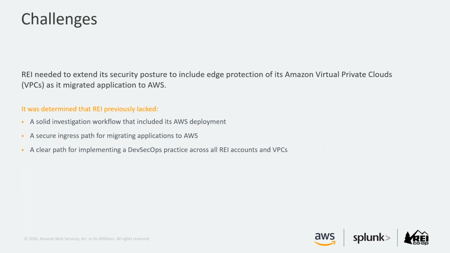Our team has been heavily focused on pulling down non-differentiated work from our development communities with a heavy focus on a DevSecOps practice. In doing so, we identified that we lacked some pretty key areas of edge protect services, specifically the secure ingress path for applications in AWS, as well as a common set of logs available for WAF and IDS at the edge within our AWS organization.